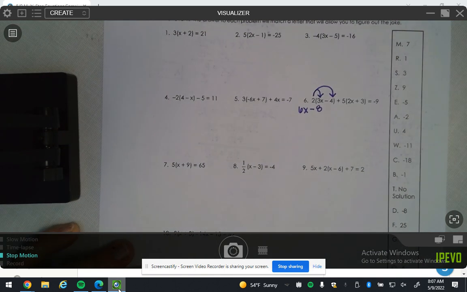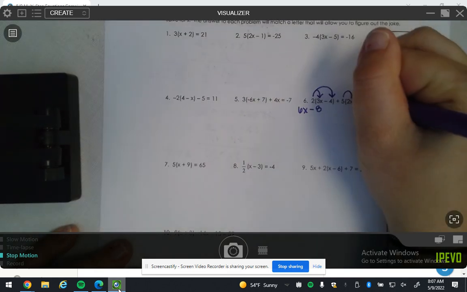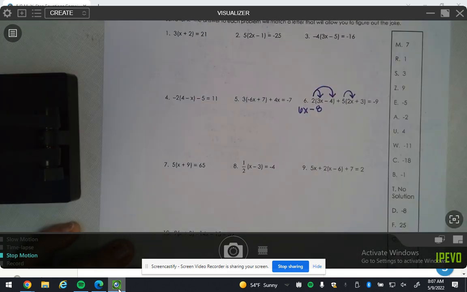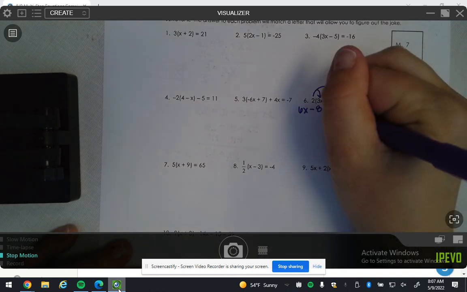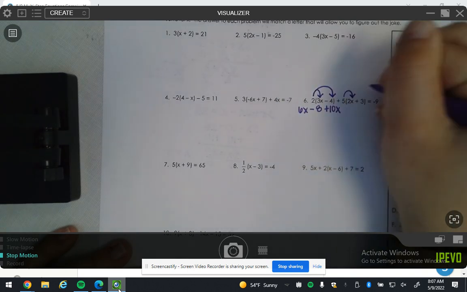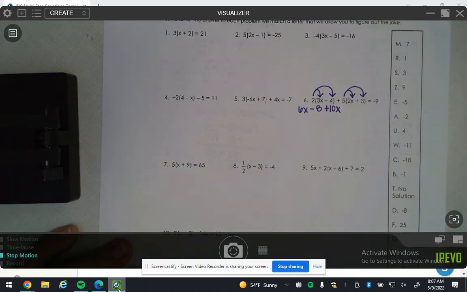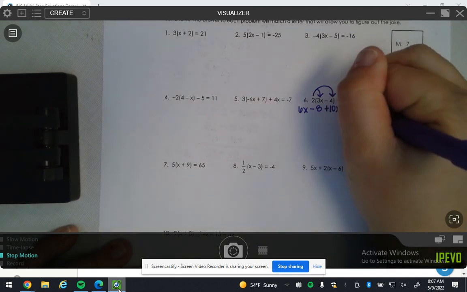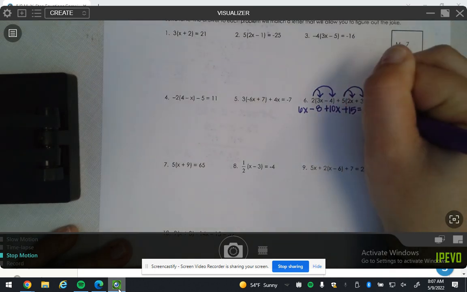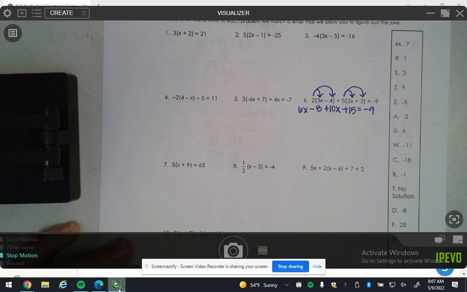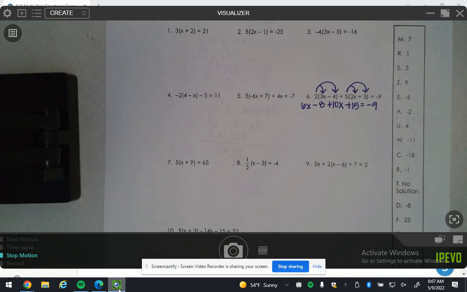Okay, what's in front of the next parenthesis? The 5. So I have to do 5 times 2x. 5 times 2x is 10x. And then 5 times 3, 15. What does it equal? -9, right? Okay. As soon as you get rid of your parentheses, what are we looking for?